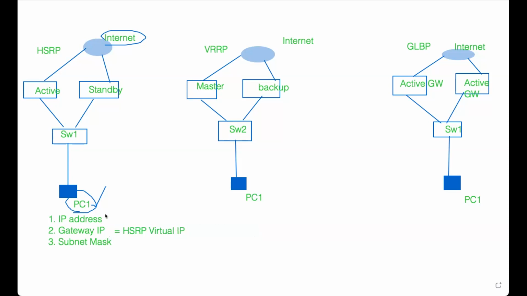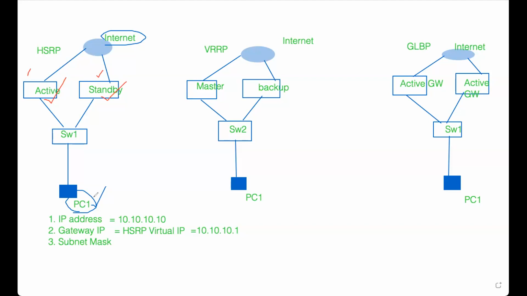Let's say the IP address of PC1 is 10.10.10.10, and the virtual IP is 10.10.10.1. This virtual IP can be configured on 2 routers, so 10.10.10.1 is configured on this router and also on this router, right?